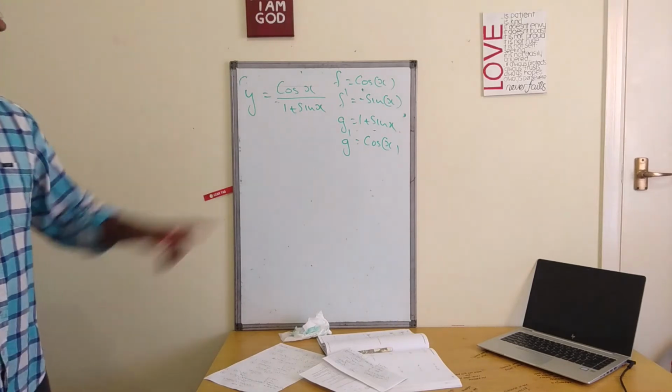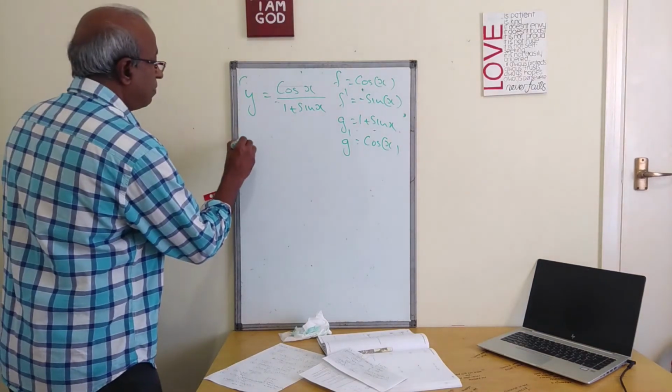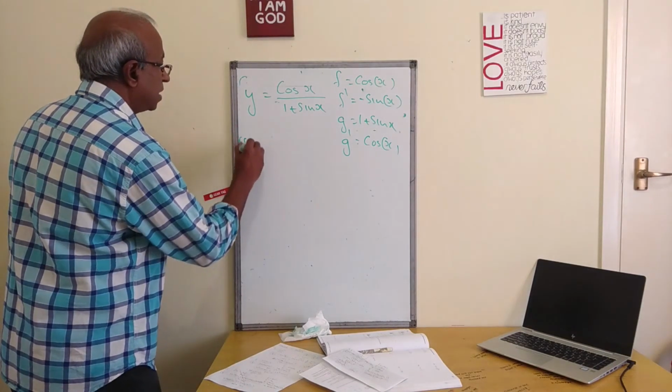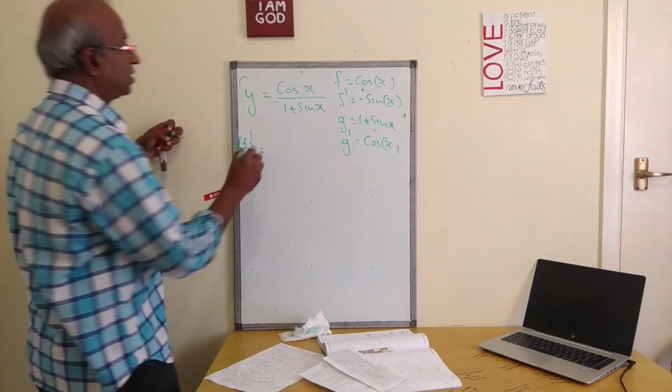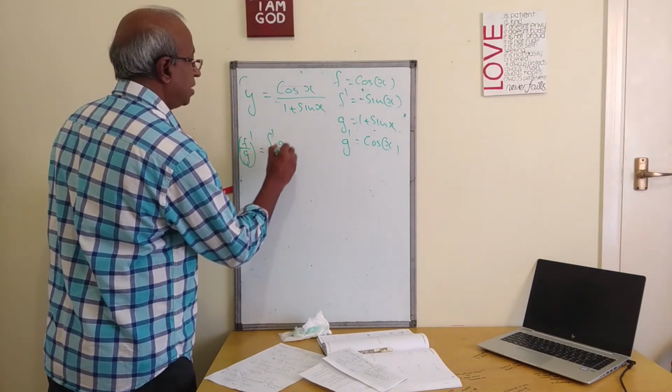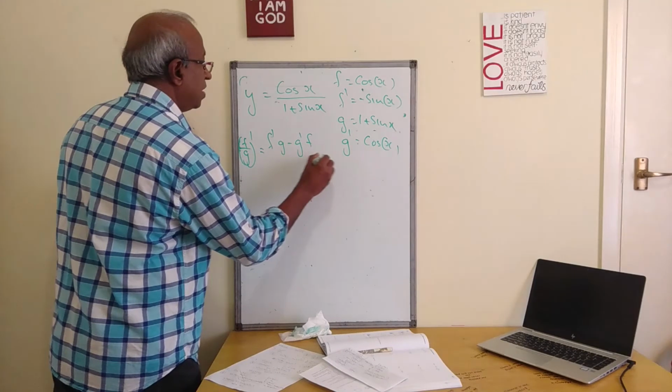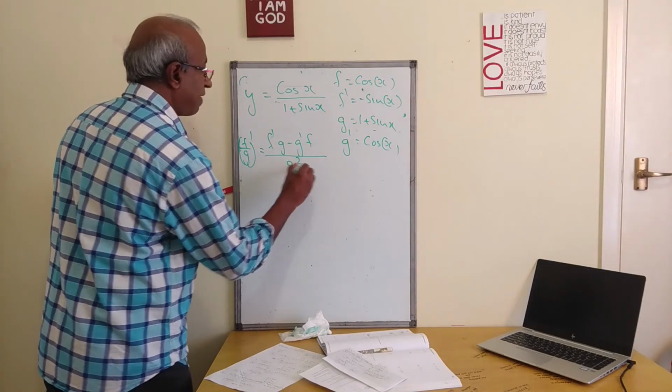Now we are going to chuck everything into the formula. F over g dash is equals, the formula says f dash g minus g dash f divided by g squared.